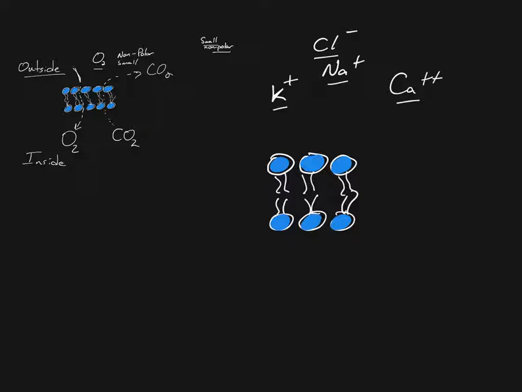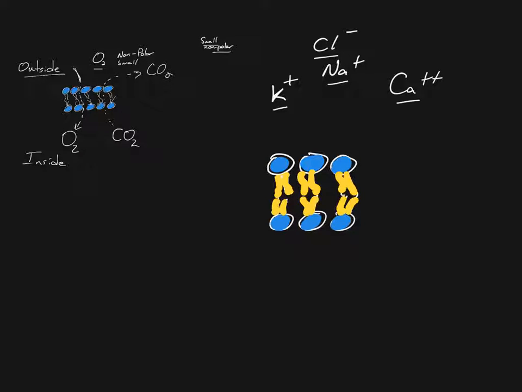Maybe you missed the point there, but when I said to you that this layer is nonpolar, when I say that oxygen gas and carbon dioxide gas, those are molecules, they pass by easily.